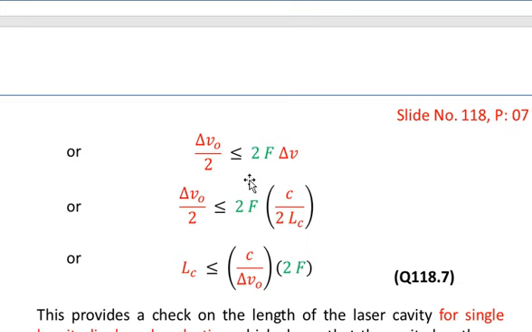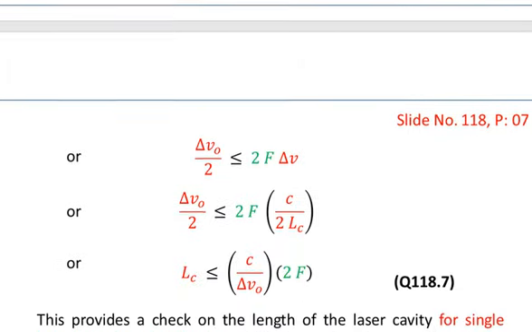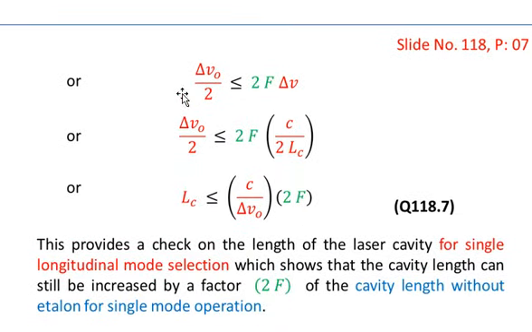So here you can write that delta nu naught divided by 2 is less than or equal to 2F delta nu. I have skipped the middle term, which is delta nu FSR. So skipping the middle term, I can write this one as shown. You can now put the value of delta nu, which is the separation between two consecutive modes, given by C over 2 L_C.